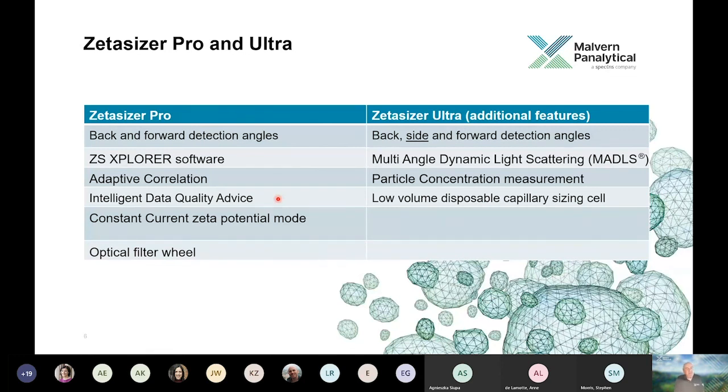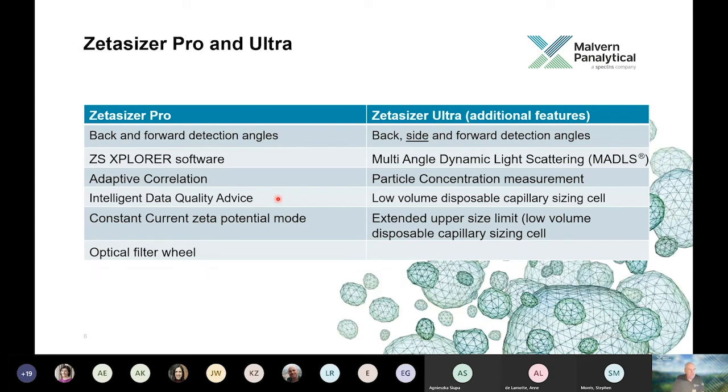Because we have the side scatter, we do have a low volume disposable capillary sizing cell, which allows us to make measurements of volumes down to 4 microliters. So that, again, in certain applications, is very attractive. And because of that capillary cell, we have an extended upper size limit. We've actually measured up to 10 microns in diameter in that cell.